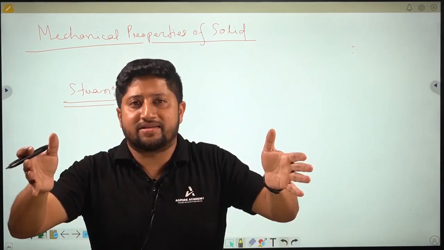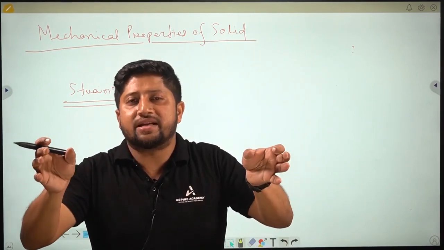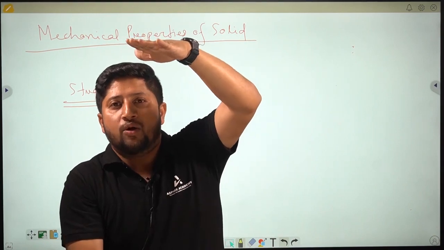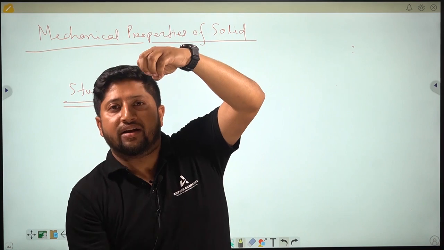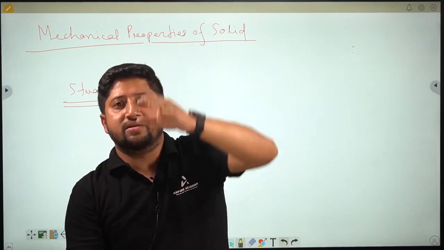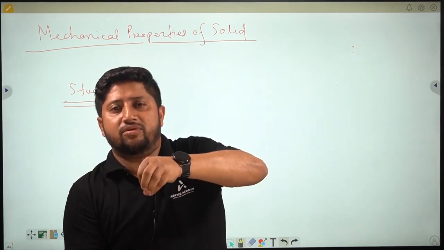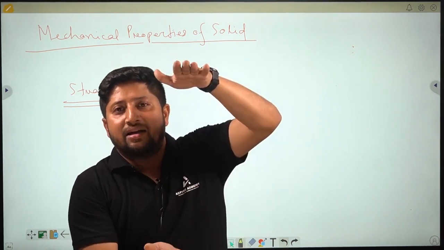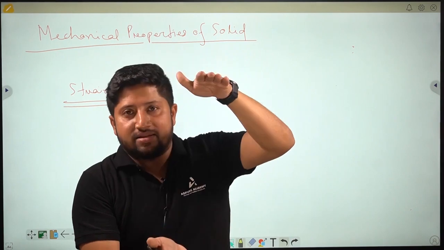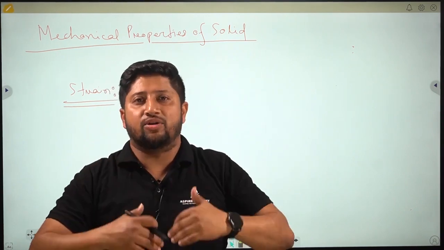It can change its shape and size. If there is a 1 meter wire and we apply force here, it can elongate by 2 millimeters. Means shape, size and length will increase by 2 millimeters. This 2 millimeters divided by the original dimension, this ratio, is called strain.